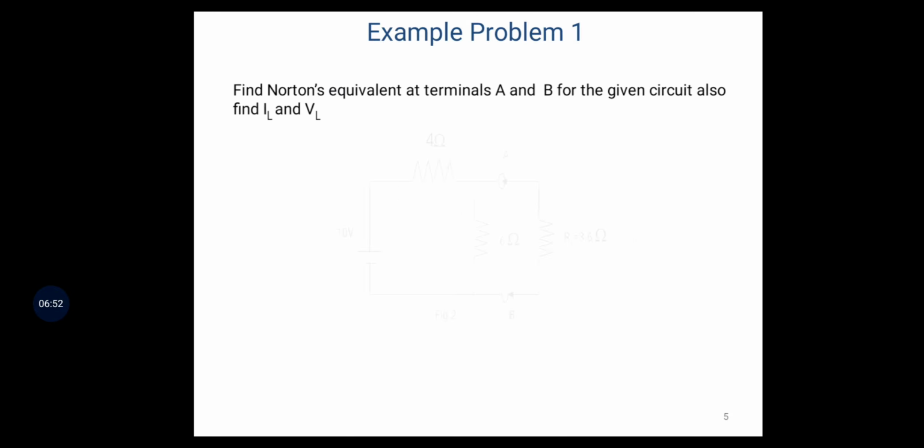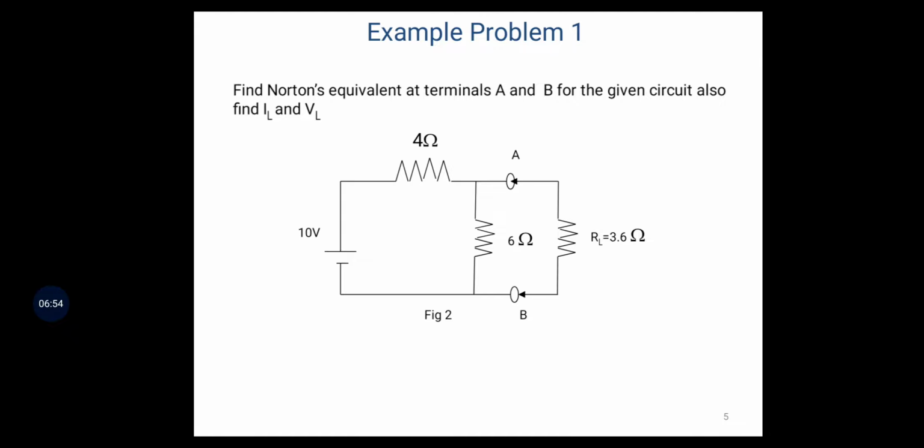So here are some example problems. Here the circuit is shown in the figure. Find the Norton's equivalent at terminals A and B for the given circuit. Also find IL and VL. So where do we apply Norton's theorem here? Across the AB terminals, where RL is equal to 3.6 ohms.